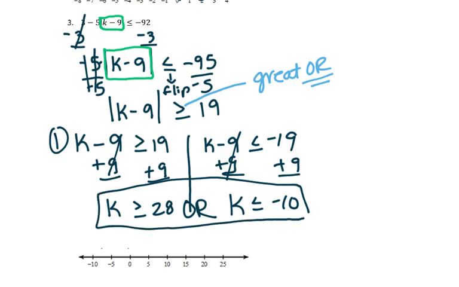So let's see, I do a filled in circle at negative 10, and then at 28 as well, which is just a little bit after 25. Because it's an or problem, I'm going to go away. So I go to the left and to the right. And that's it.